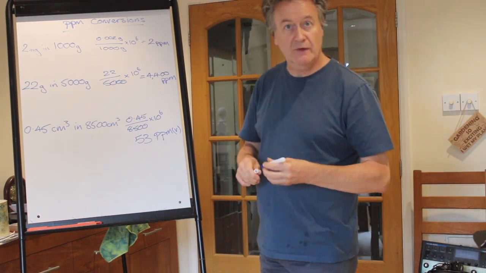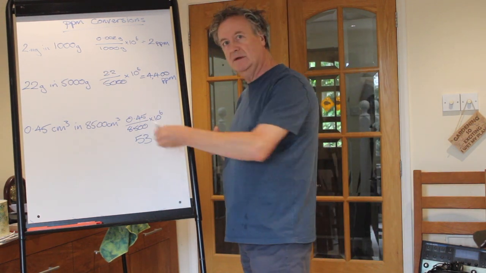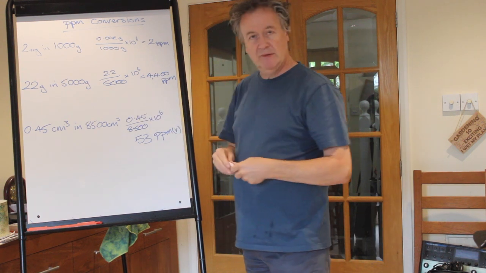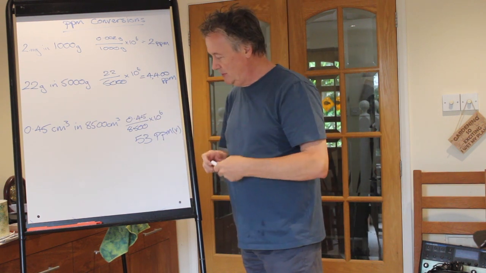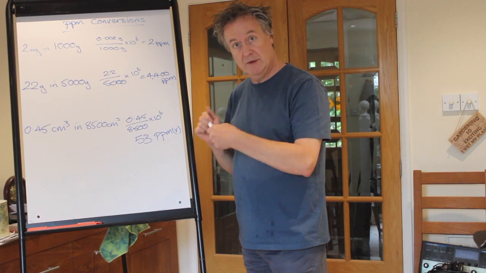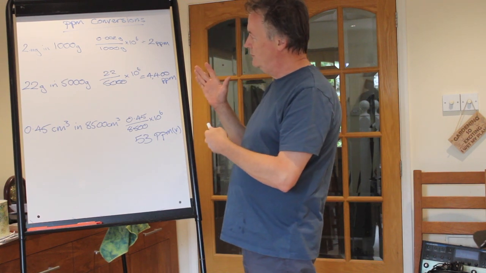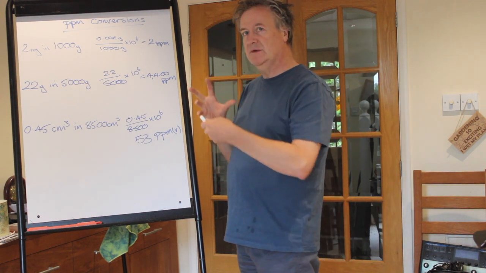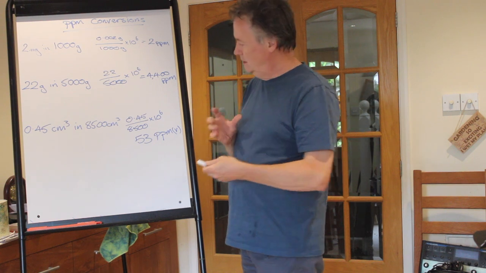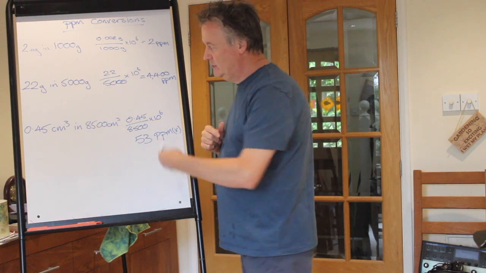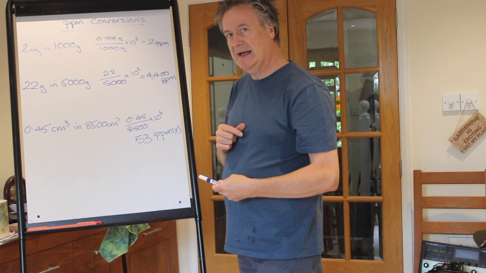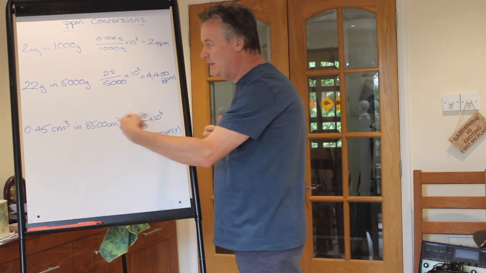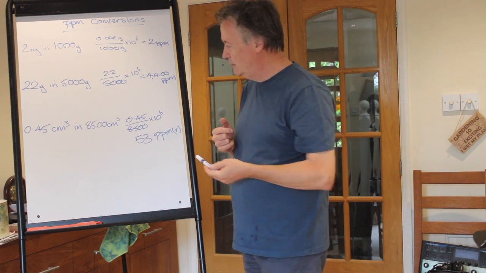I messed around with the numbers, I hope that's the right answer. You might want to check that, see that I've done that right. So 0.45 divided by 8,500 and then multiplied by 10 to the 6, 53 parts per million, but in volumes rather than in grams, because they're not, strictly speaking, equivalent, because obviously particles have different masses. So this would be either a solution thing, but more likely a contamination level of a gas within something perhaps.